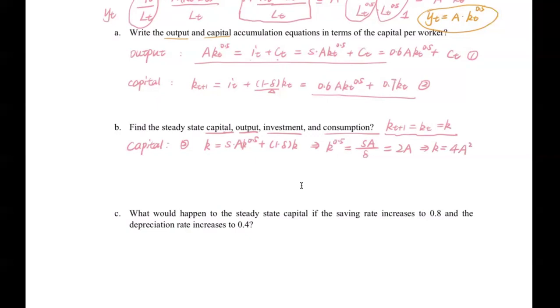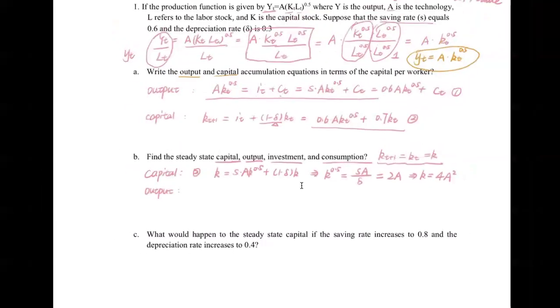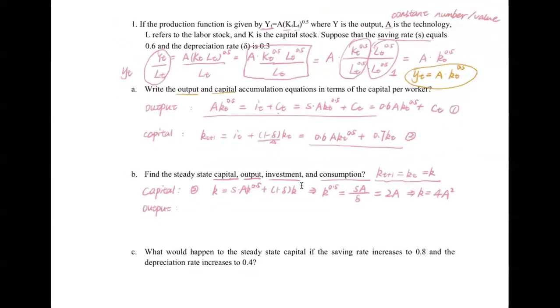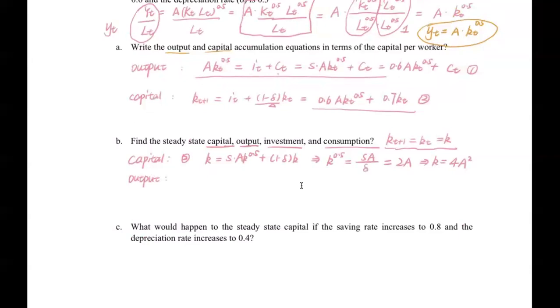And then if you can get the capital in steady state, what would be the output? You're going to use the first production function, because now you know y_t equals A times k_t to the power of 0.5, right?